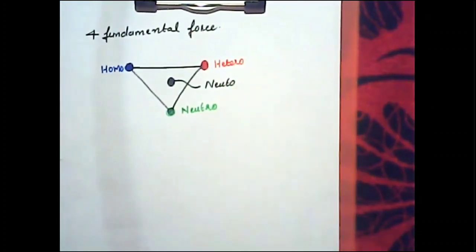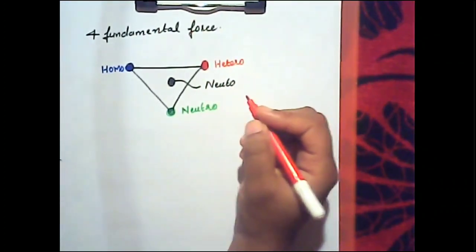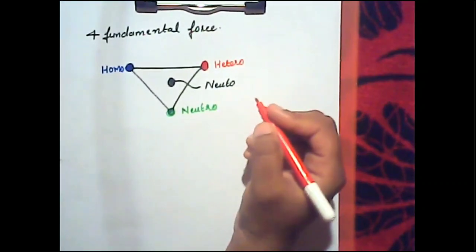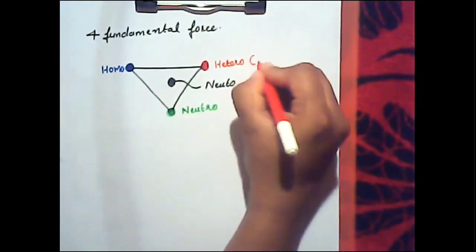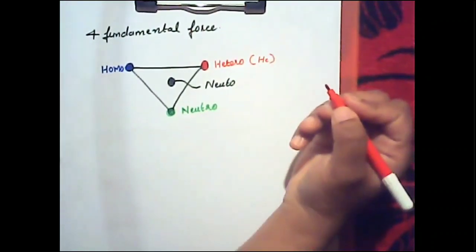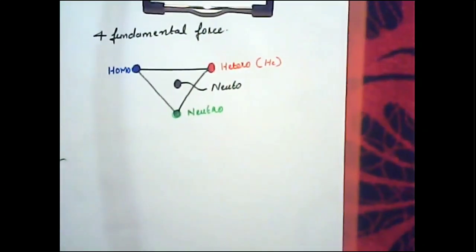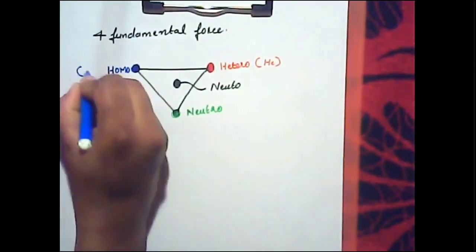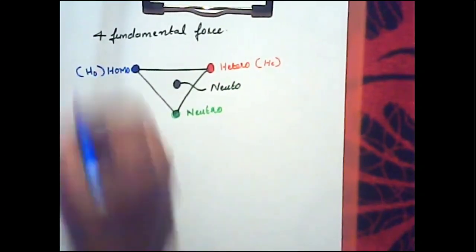And for these fundamental forces, we have symbols also. For hetero, we write HE. Homo as HO.